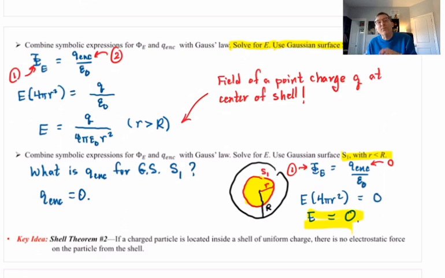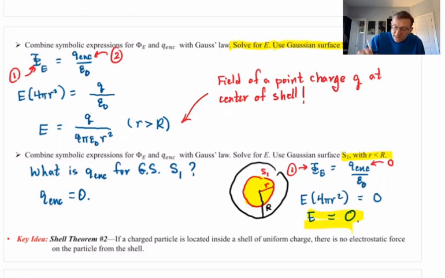Now, I could have picked a Gaussian sphere, the S1, where that little r could have been anything between 0 and big R. And so by imagining a spherical surface S1 that has a radius ranging from 0 to big R, I can sample the entire interior space of the shell, and I would still always come to the conclusion that E equals 0.